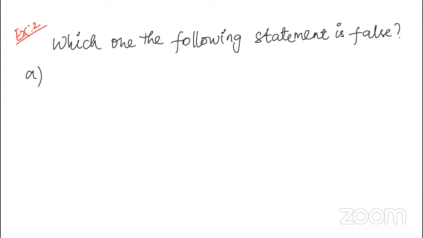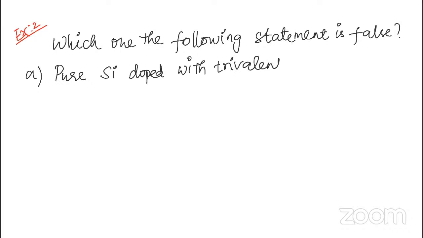Here they have given 4 options. A: pure silicon doped with trivalent impurities gives a P-type semiconductor.